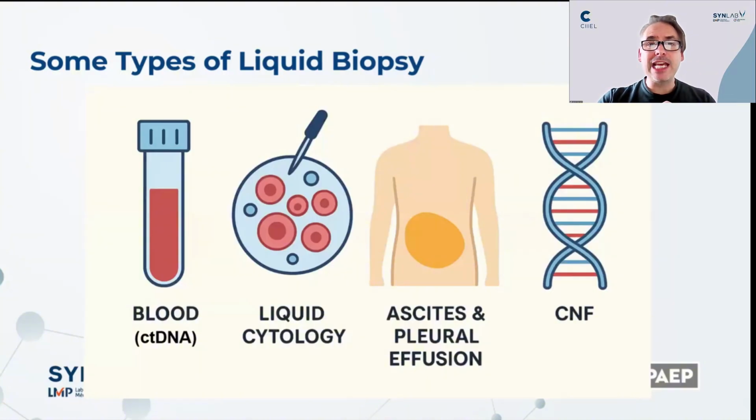So there are some types of liquid biopsy, and there are many. These are just a few examples of the ones we have been using. Blood, which is the source of ctDNA, the circulating tumor DNA, but also liquid cytology. Again, these can be fine needle aspirates, but the main difference from the more traditional routes is that these liquid tissue biopsies can be processed in a way which avoids formalin fixation.